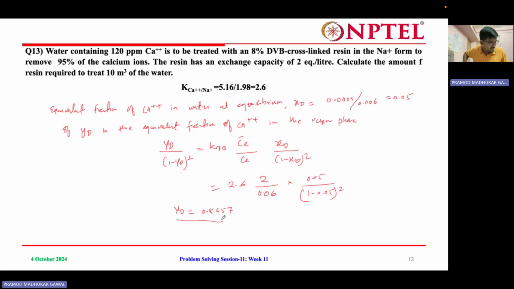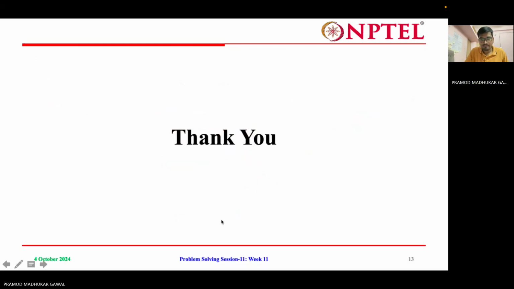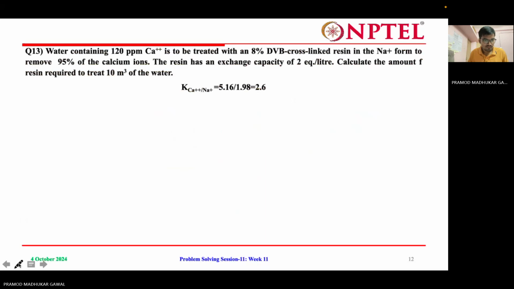Now the total amount of calcium ions in solution equal to 0.12 gram per liter times 10 meter cube.